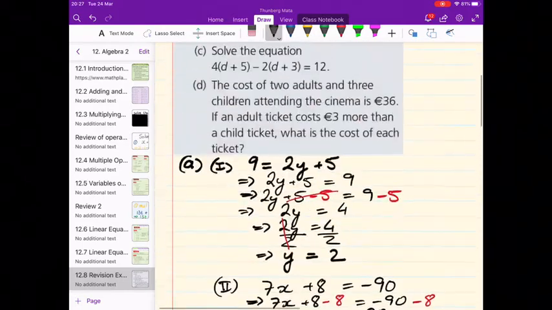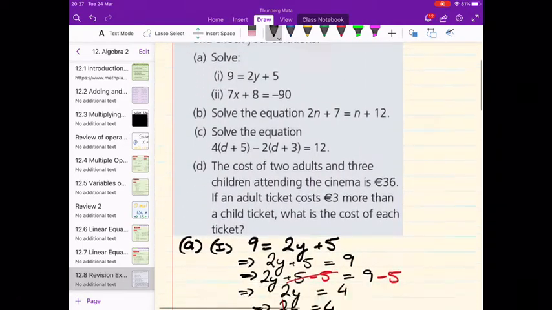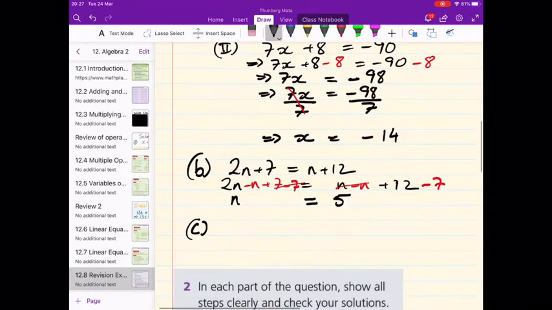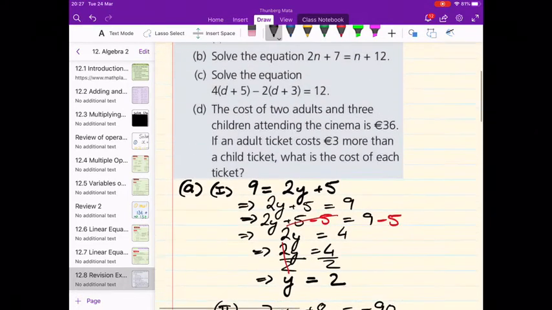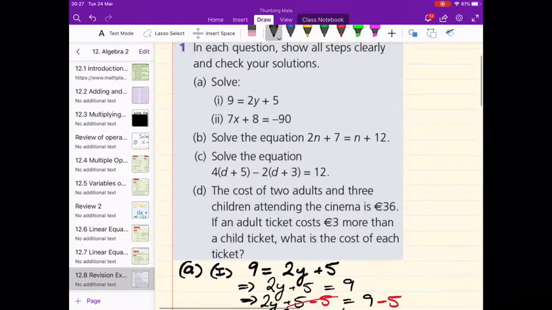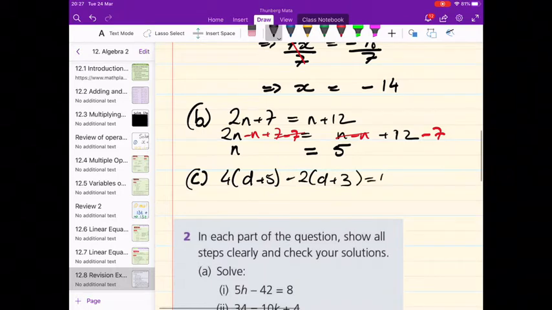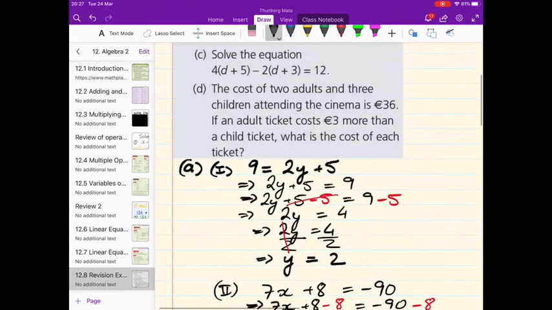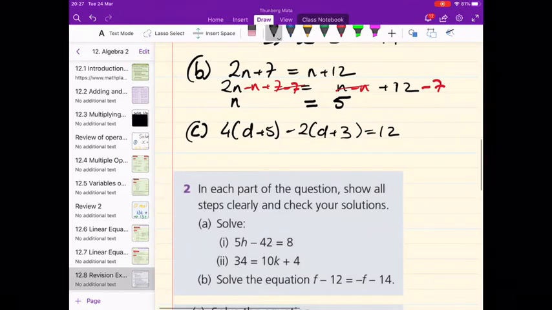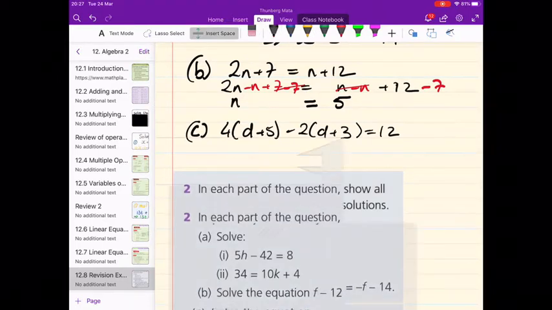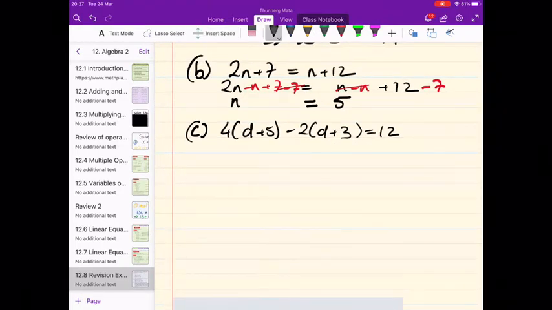Question C is one that has brackets, so there'll be lots of multiplying in this one. So it starts off with 4, open a bracket, d plus 5, minus 2 on a d plus 3. I think that was equal to 12. Yeah. So now if I want to solve this out, I'll have to do a bit of multiplying.